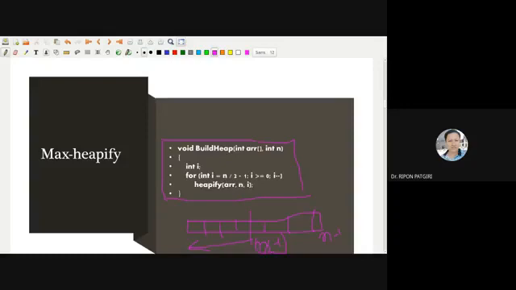How will we go? It will first be initialized by the middle one. This is the middle one, and then we will decrement i one by one. First, this is i. Next, this is i, until i is greater than or equal to 0. If i goes negative, then it will stop.